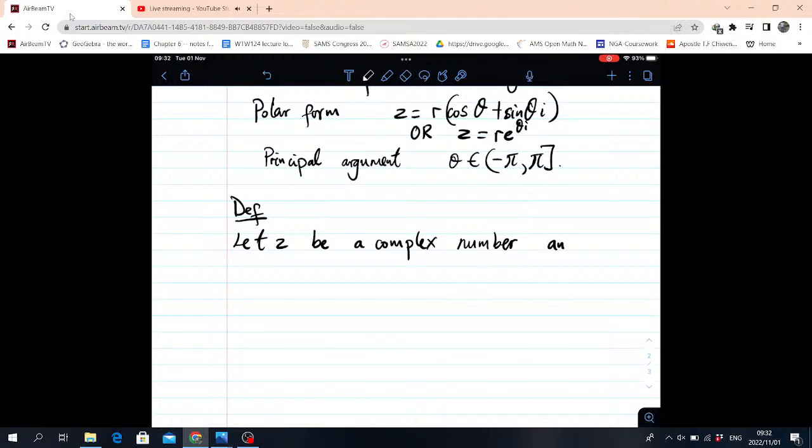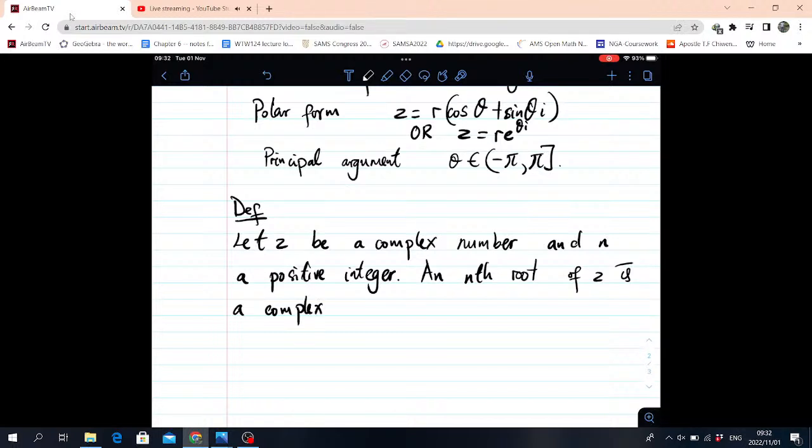And n a positive integer. Then we say an nth root of z is another complex number which we are going to call w, such that we can write w to the n and it will be equal to z.